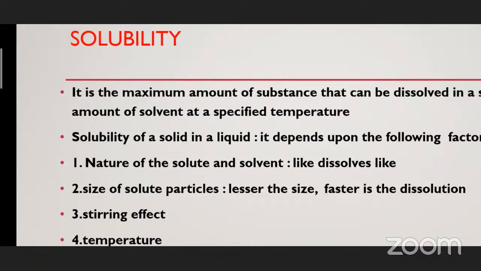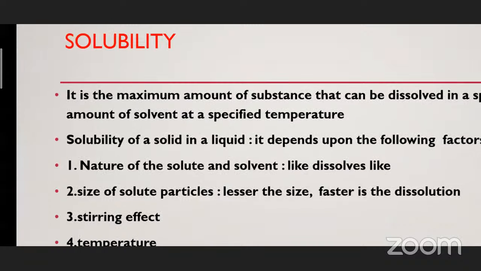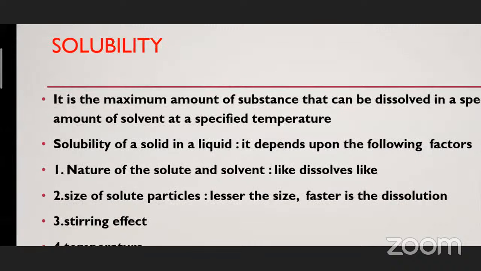Dissolution and crystallization. We keep on adding the solute, and at a particular stage the rate of dissolution is equal to the rate of crystallization. At that stage, the amount of solute present in the solution is called solubility.